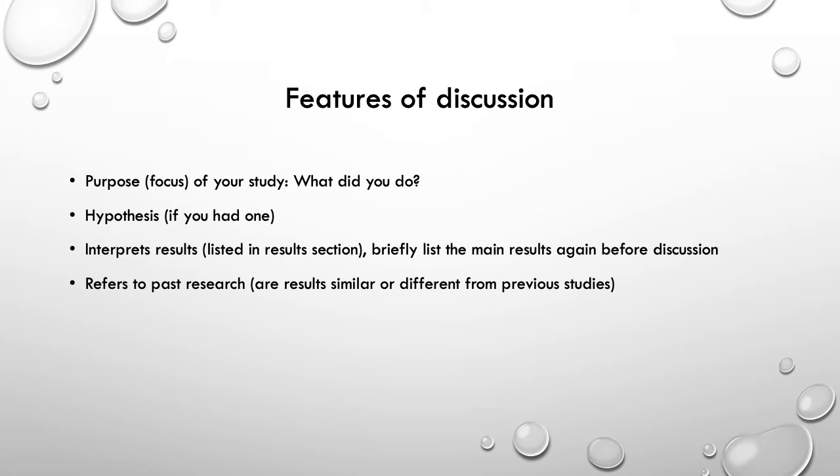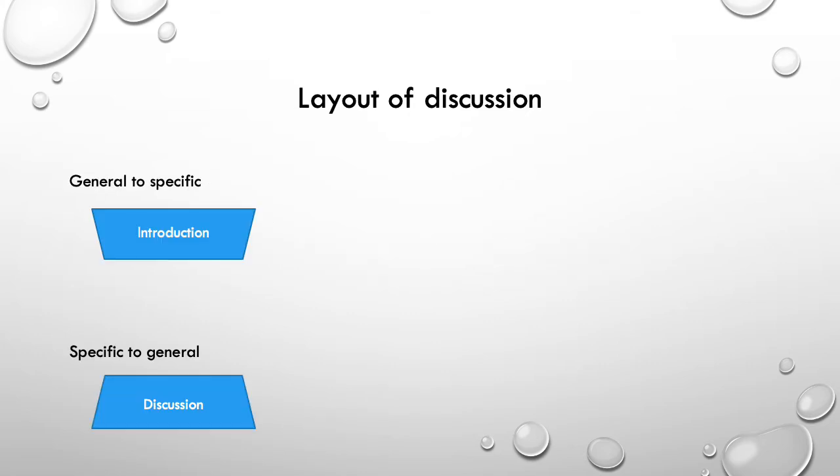You will also refer your discussion to past research. By making references to past studies, we add strength to the paper we are writing. Layout of discussion: in the introduction, we move from general to specific. In the discussion section, we go the other way around.